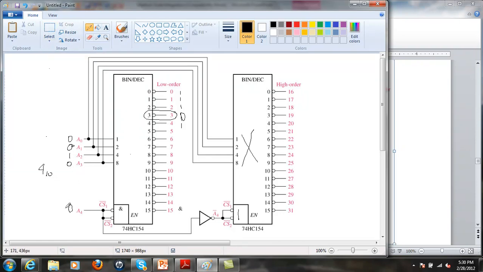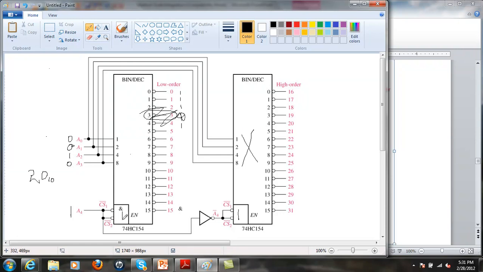If I went in here now with, say, 1010, that's the number 20, base 10. Now it's not going to activate this one. It's going to activate this one.